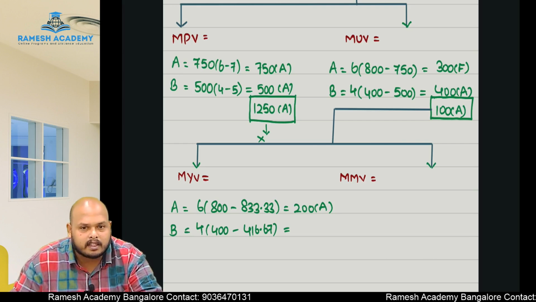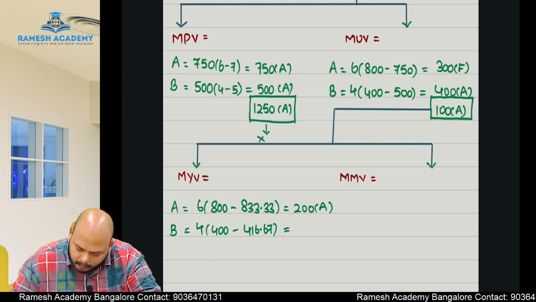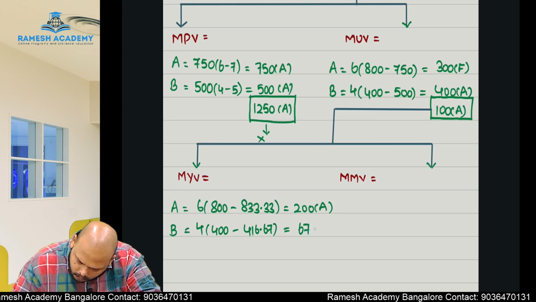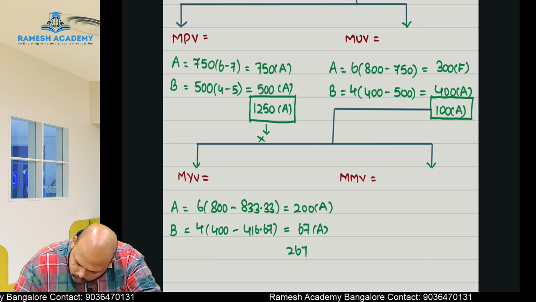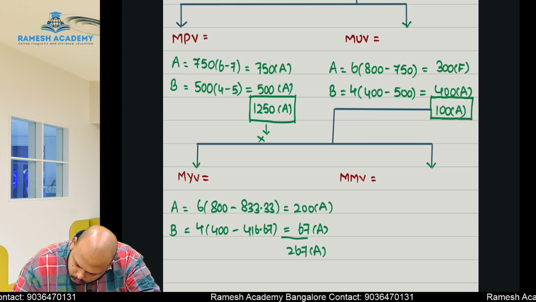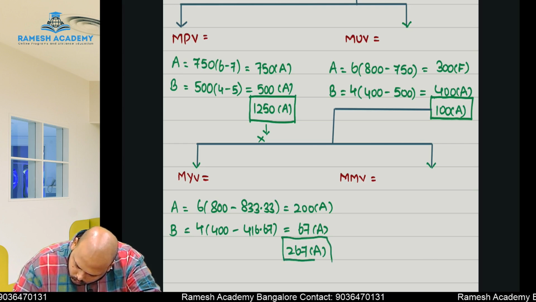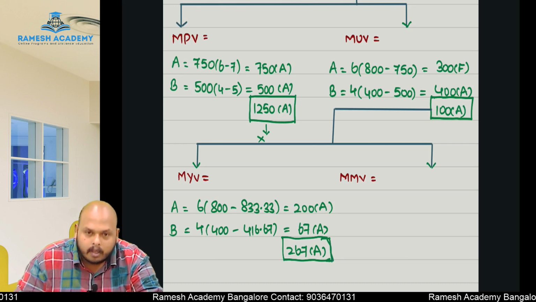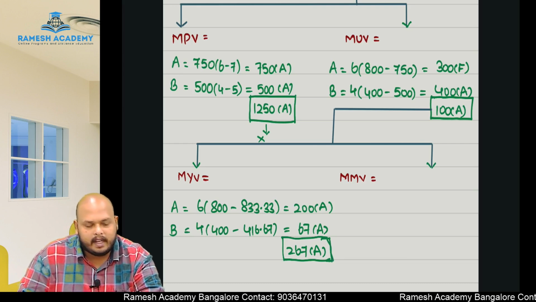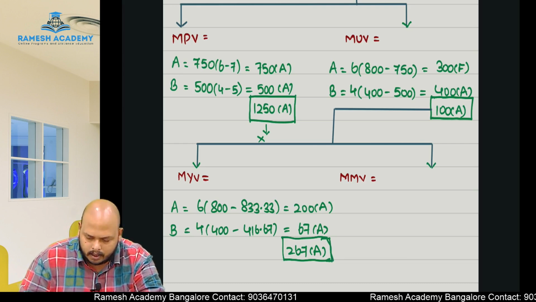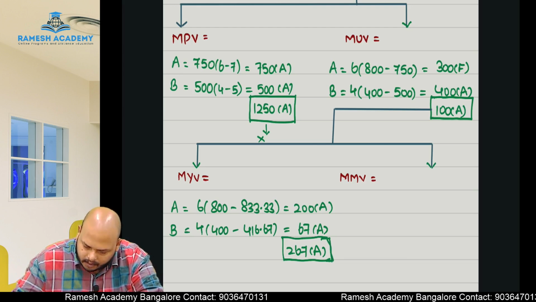That is nothing but 66.68, that is nothing but 67 adverse. 267 adverse. How much is the yield variance? Yield variance is 267 adverse.